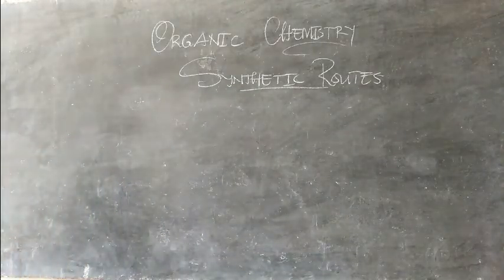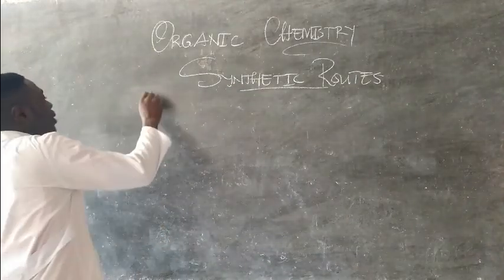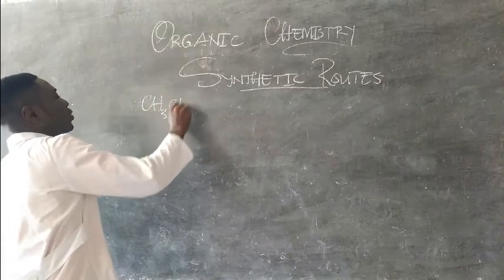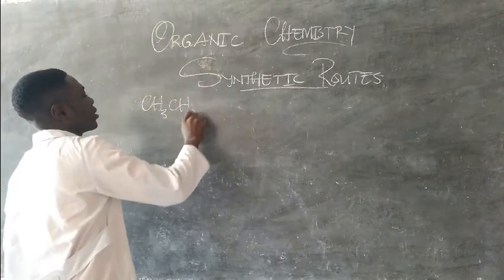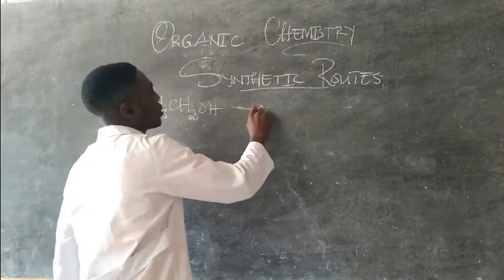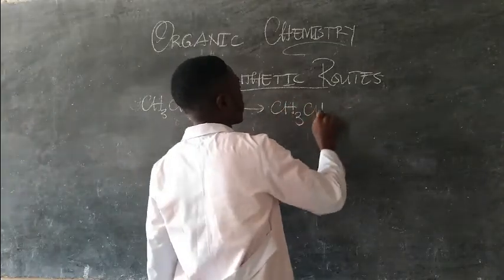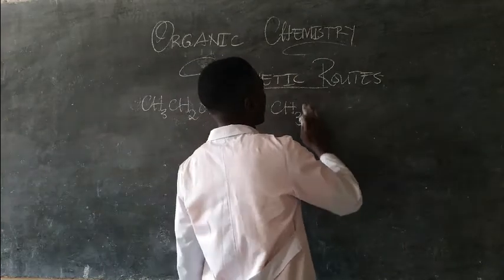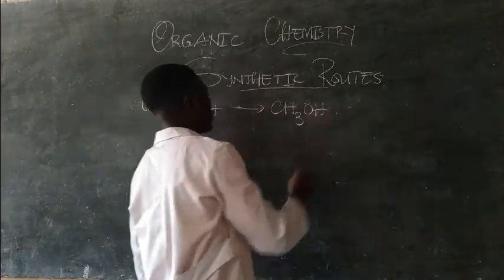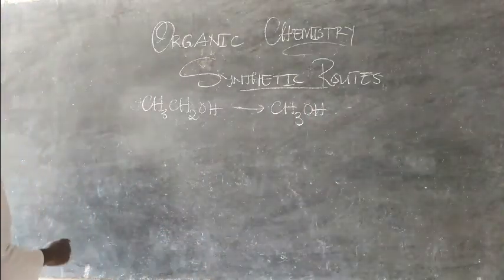All right. So, what if I want to convert CH3CH2OH to CH3OH? How can I do that?